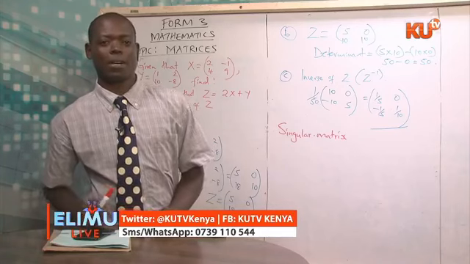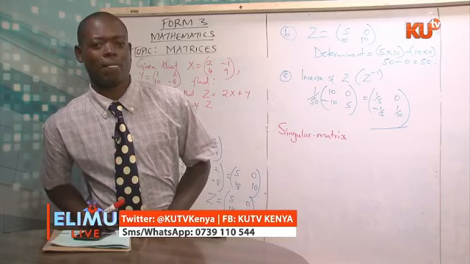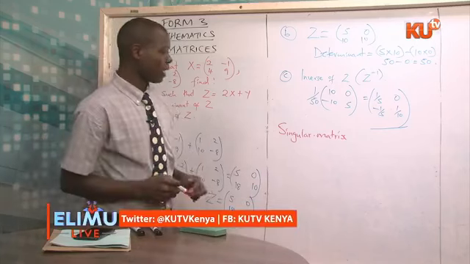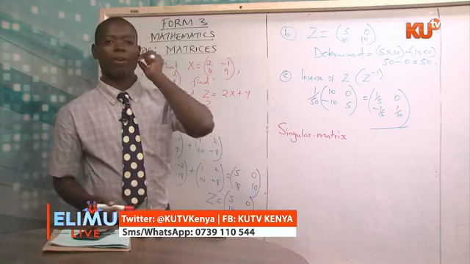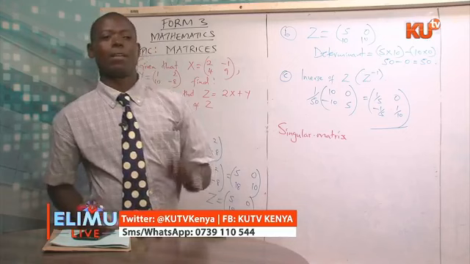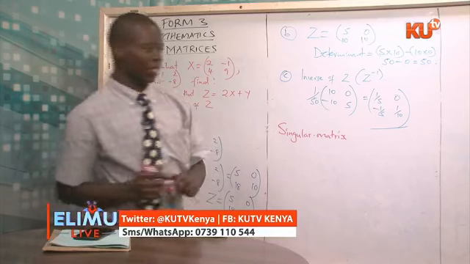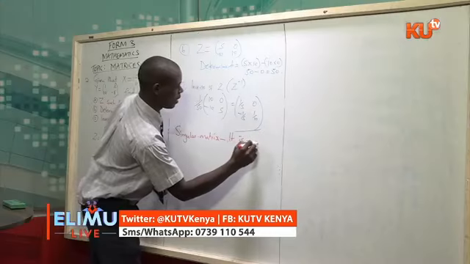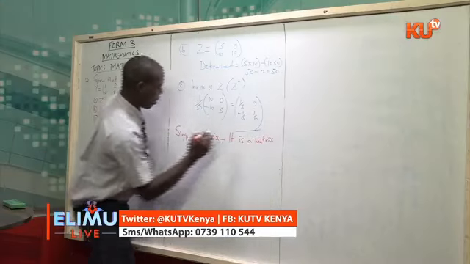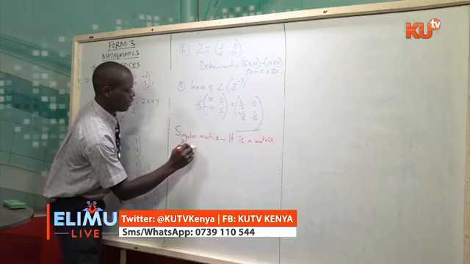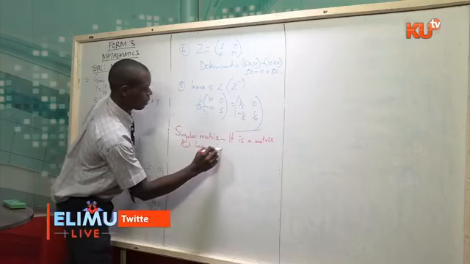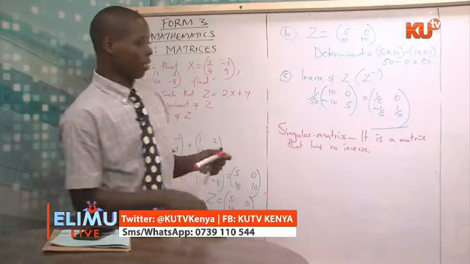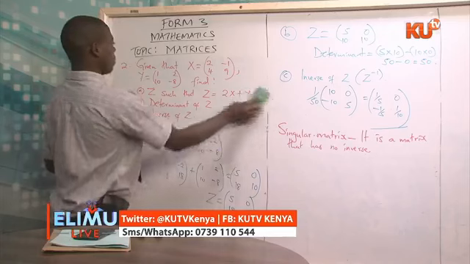After you've now gone through the inverse, we add in a statement that singular matrices have no inverse. So if you are told to find the value of the unknown in a matrix that has no inverse, then know that it is a singular matrix. It is a matrix that has no inverse. And remember, the determinant is 0. That is what we call a singular matrix.